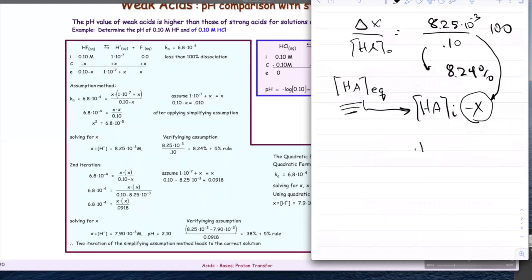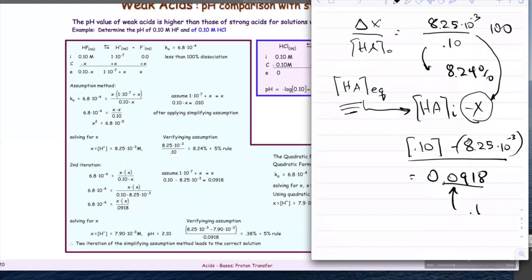We can do that by doing 0.10, which was the initial, minus 8.25 times 10 to the minus 3, because that's our first approximation of X. Now if we do that, we come up with a value of 0.0918. Now, if you round this off to one significant figure, it's 0.1, but again, because we're making that initial assumption better, we're going to have to use this.